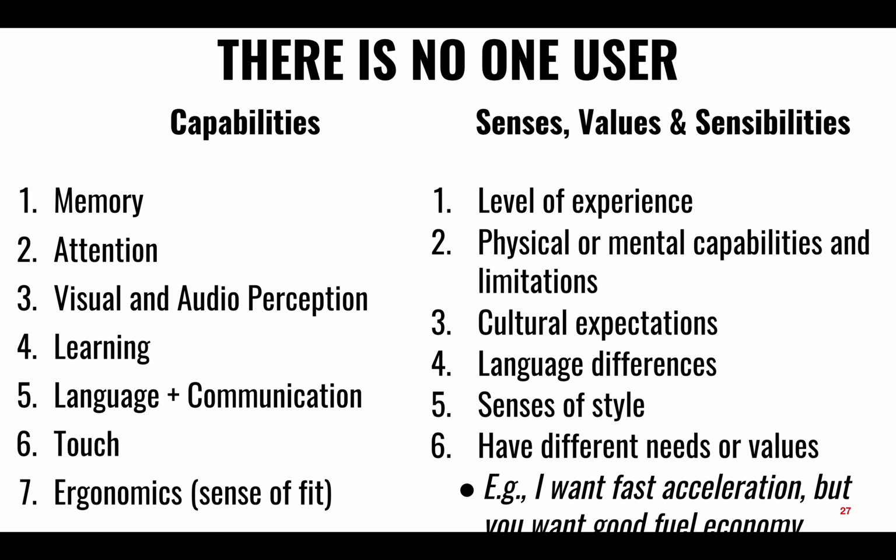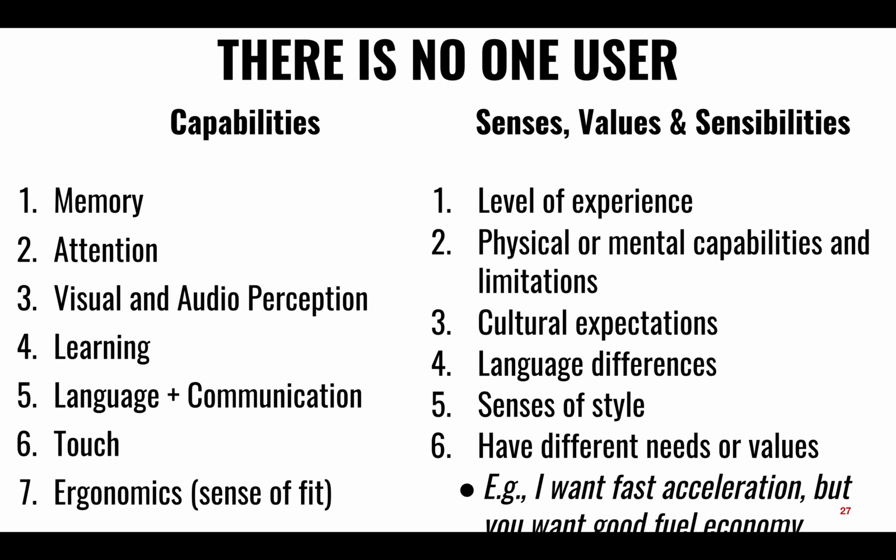Yeah, so there is no one user, right? And there's no way to please everybody, right? Any particular variable that you grab, there's always going to be folks on one side of that variable and some other side of that variable. And there's lots of variables that you can measure: their capabilities on memory retention, how long their attention span is, their ease of learning, and processing visual and audio perception.